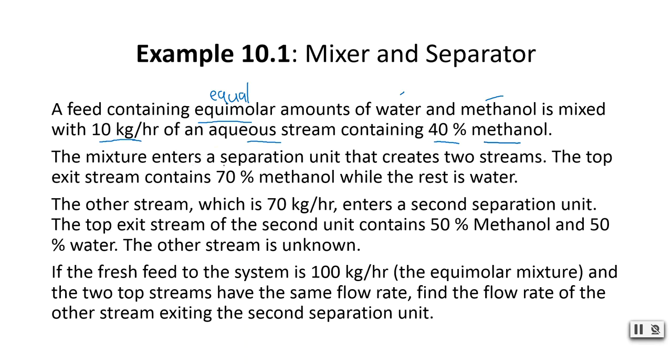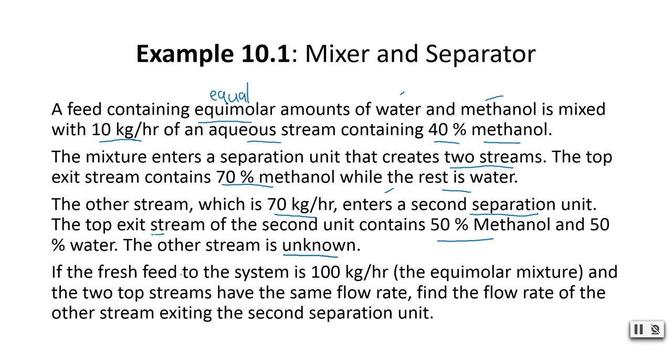The mixture enters a separation unit that creates two streams. The top exit stream contains 70% methanol, while the rest is water. The other stream, which is 70 kg per hour, enters a second separation unit. The top exit stream of the second unit contains 50% methanol and 50% water. The other stream is unknown.